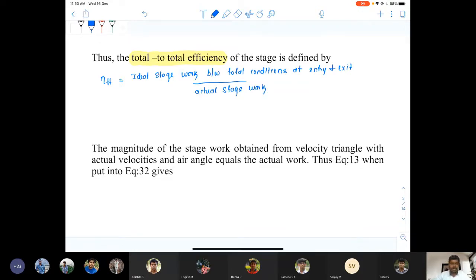That is, the total to total efficiency is given by a relation: eta TT is equal to ideal stage work between the total conditions at the entry and exit by the actual stage work.